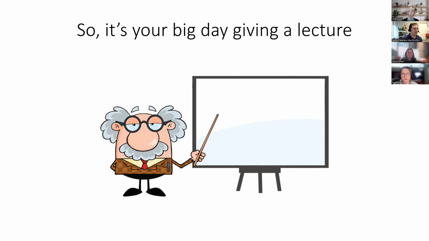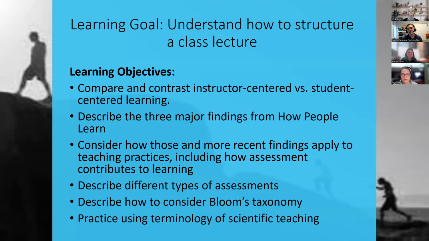What I want to talk about today is, our learning goal is to understand how to structure a class lecture. And the learning objectives for today: I want you to think about the difference between instructor-centered versus student-centered learning. We're going to talk about a fantastic book that's now 27 years old, called How People Learn.